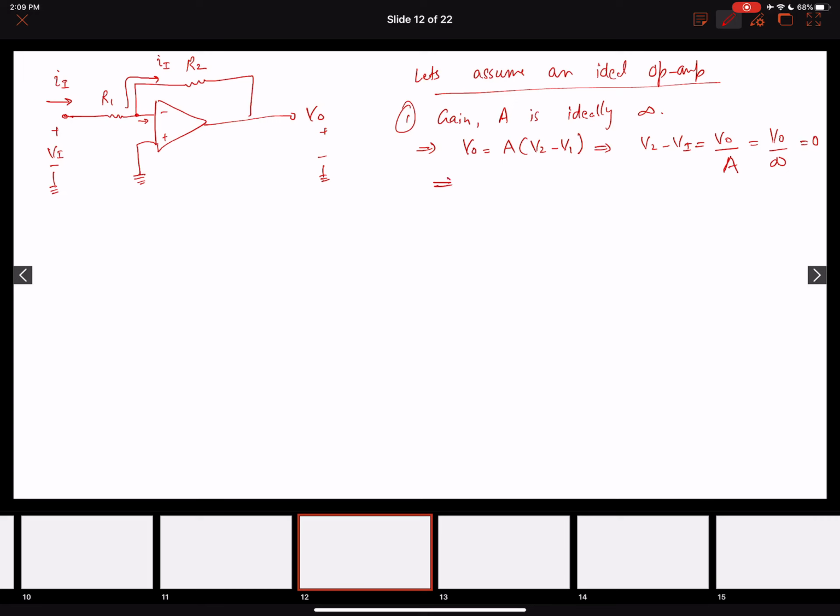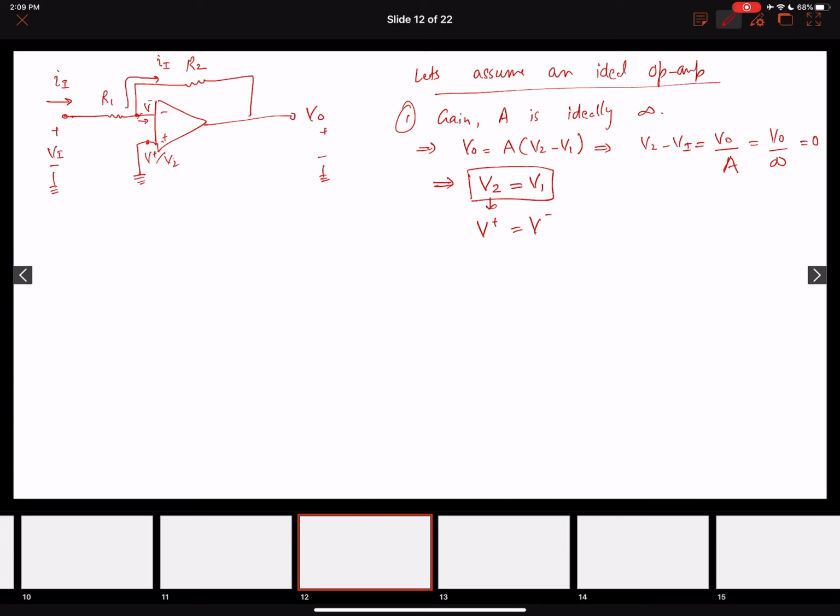So this means that our V2 should be equal to V1. V2 equals V1 means the terminal voltage appearing at the non-inverting terminal, this voltage is V positive or V2, and the voltage over here is V negative, also V1.